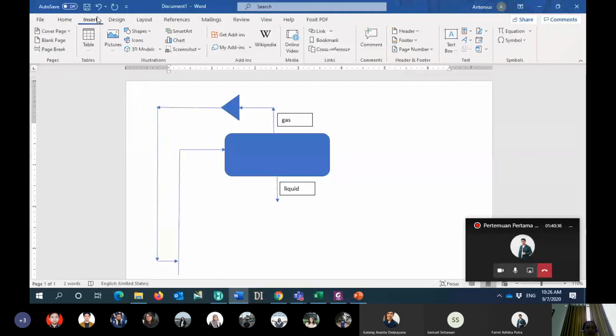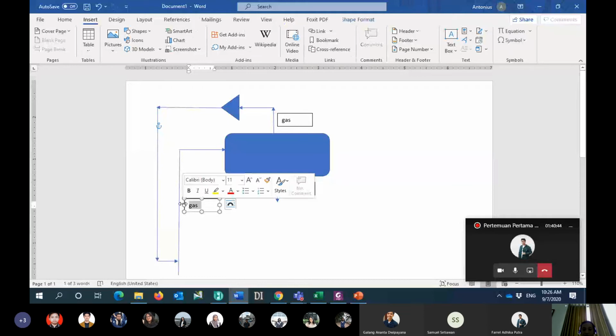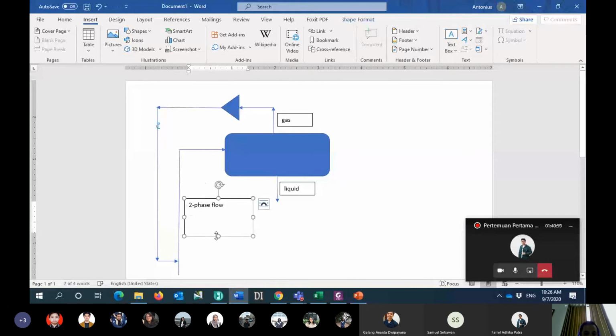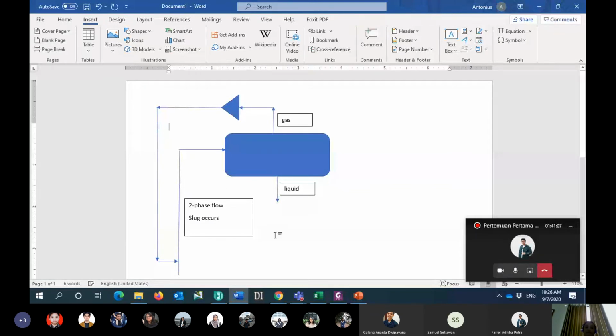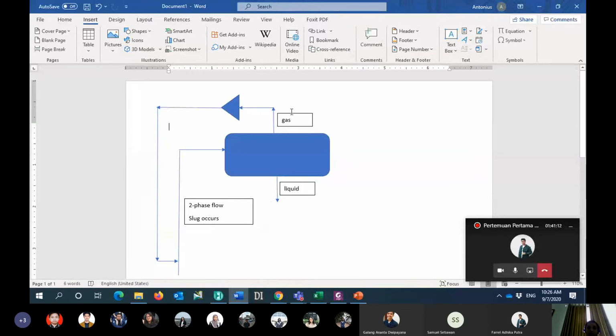So this one is the two-phase flow area, and then slugging occurs. This one is the compressor.